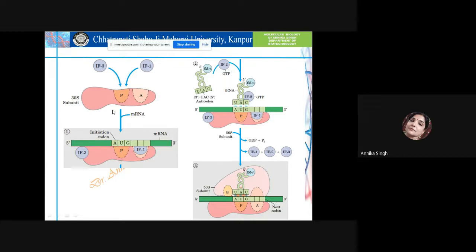The first step is the binding of initiation factor 1 and initiation factor 3 to the 30S ribosome subunit, followed by binding of messenger RNA in such a way that the initiation codon comes at the peptidyl site.